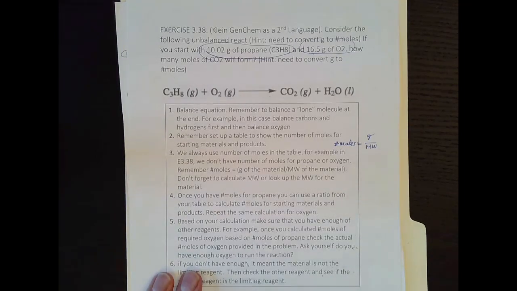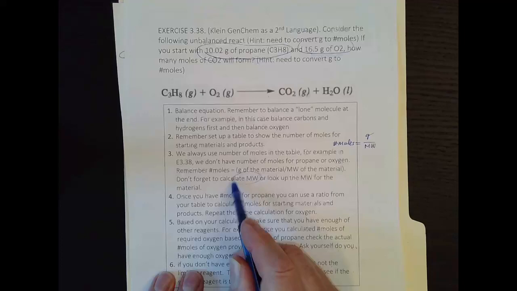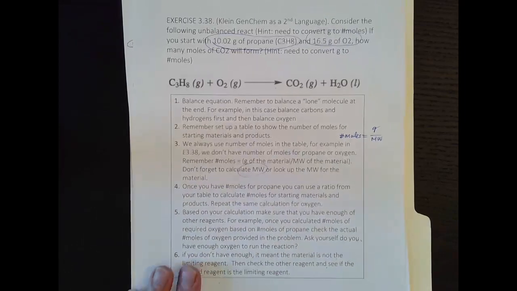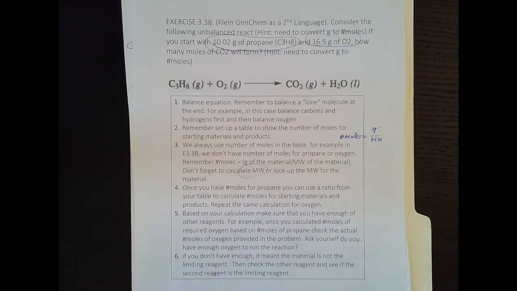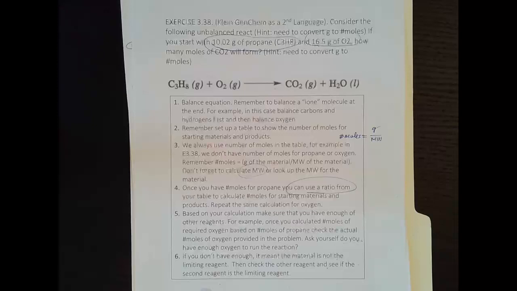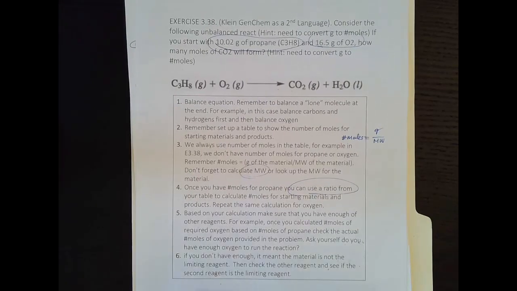Now, if you don't have the molecular weight, we can calculate that, or we can look it up on Google or something to tell us what the molecular weight is. Either way, we need that number. Once we have the number of moles of propane, then we use the ratio. I'm going to go over that in a second. We use the ratio to see which one is the limited reagent.